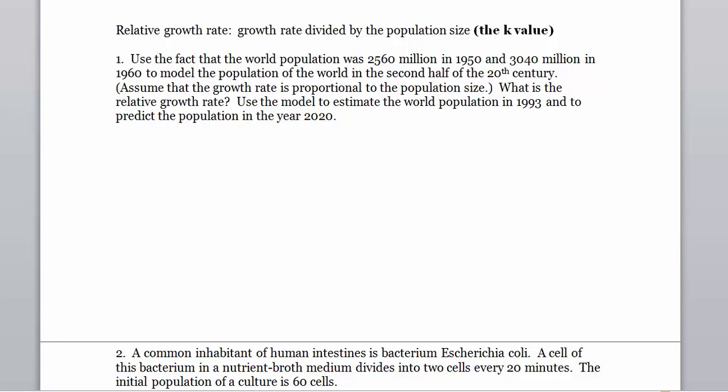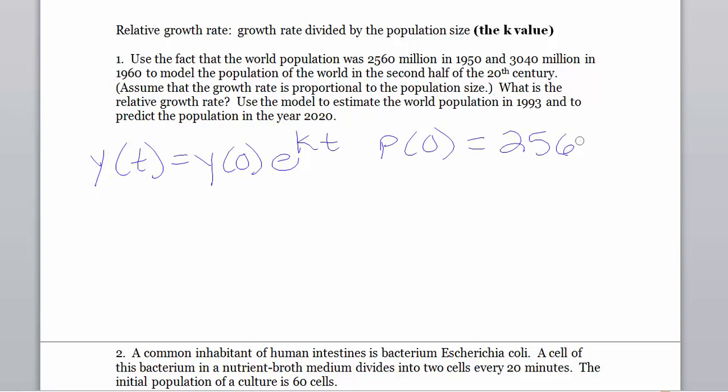Okay, so in order to do this, I need to actually get my k value. So however I think about the equation, y of t equals y sub 0 times e to the kt. It's telling me I'm starting with, I'm going to call my starting value, my P of 0, population at 0, is 2560.